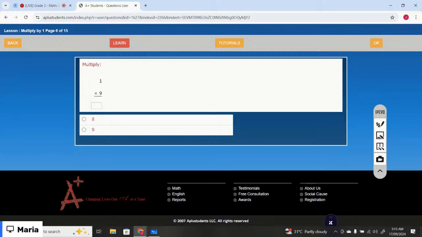So which is the correct option? 1 times 9 is 9 it is.